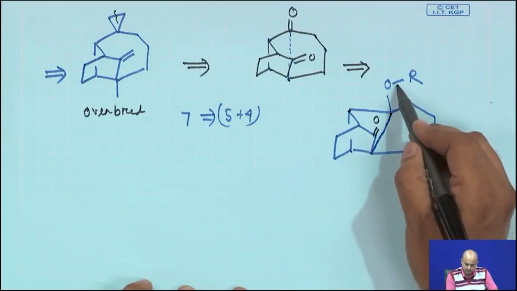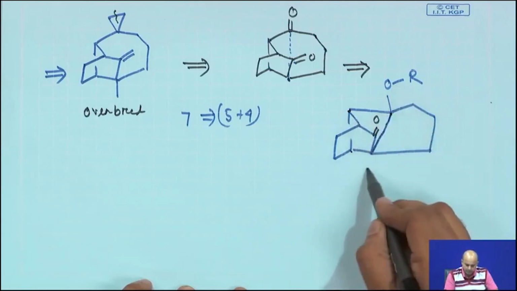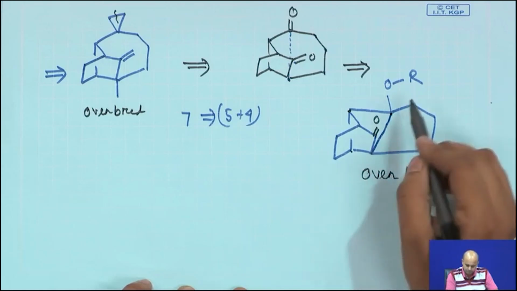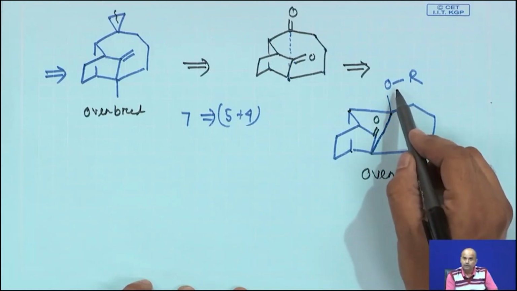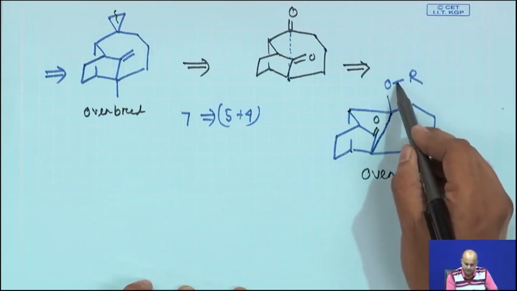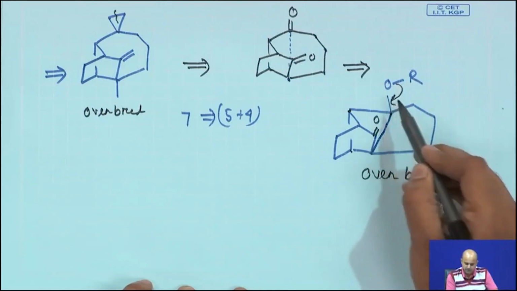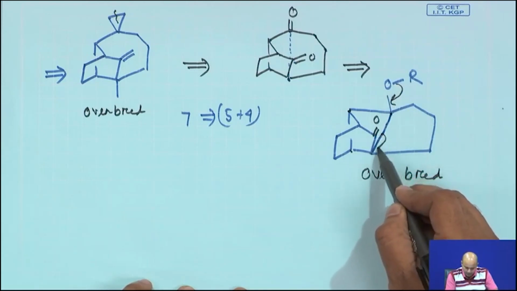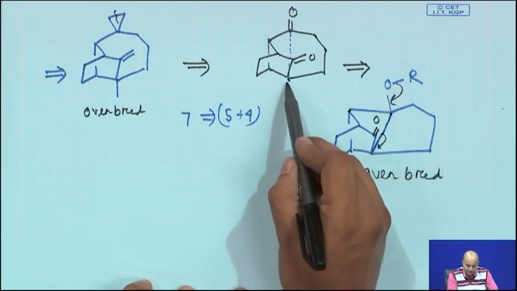Now, what is said? If you make this overbred, it undergoes a retroaldol kind of reaction. If your R is H, this is strained. So, it will cleave in this way and this sigma bond will try to cleave and put a negative charge here.